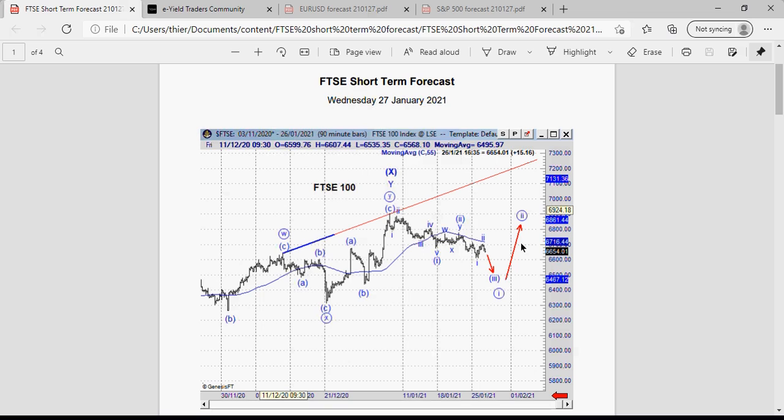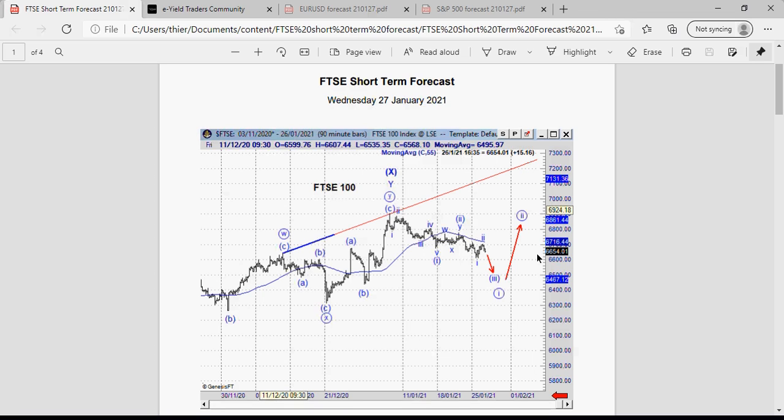However, this morning, why do I think that the market may rebound? Because that's normal. Sometimes you get counter-trend bounces. And this morning, I also have an alternate wave count. What I mean by alternate wave count is a different scenario. Because when I do my forecast, I don't always have only one scenario.